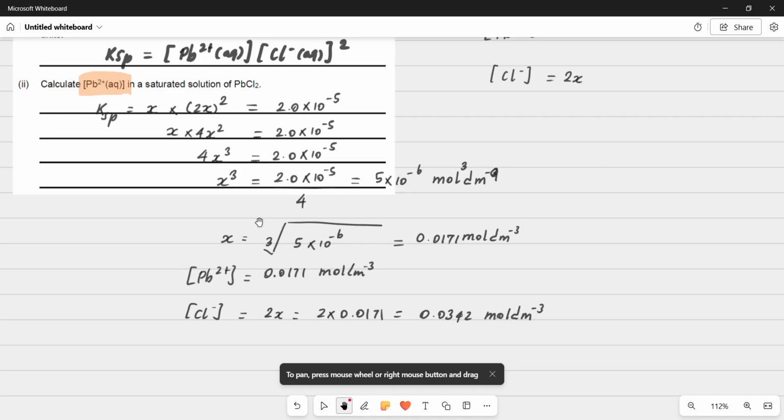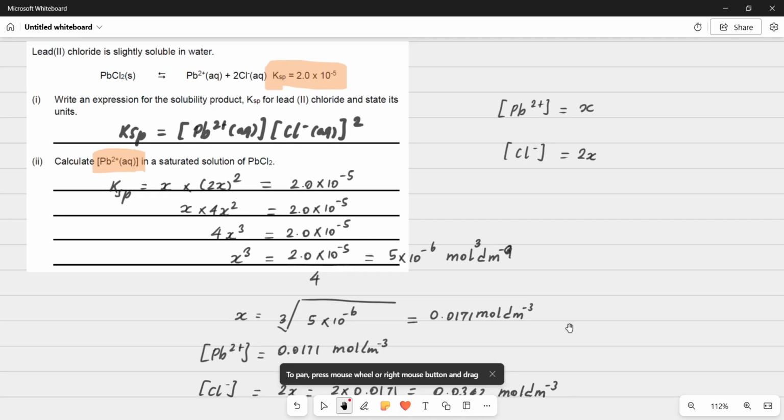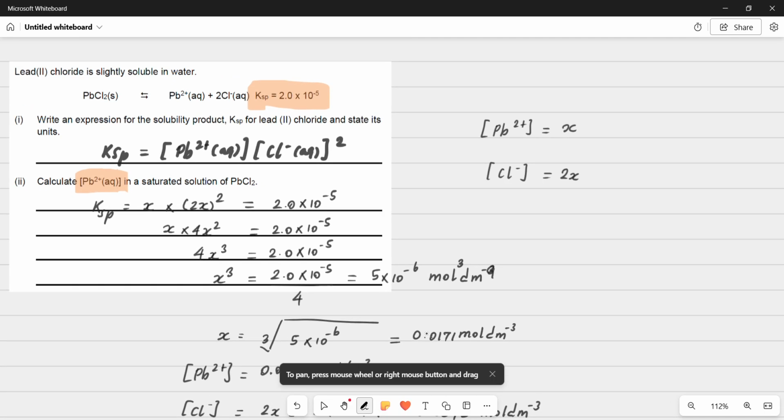As well, they are asking you to state the unit of Ksp. The unit of Ksp will be mol dm^-3 to the power a plus b. What is a plus b? The power here and the power here.